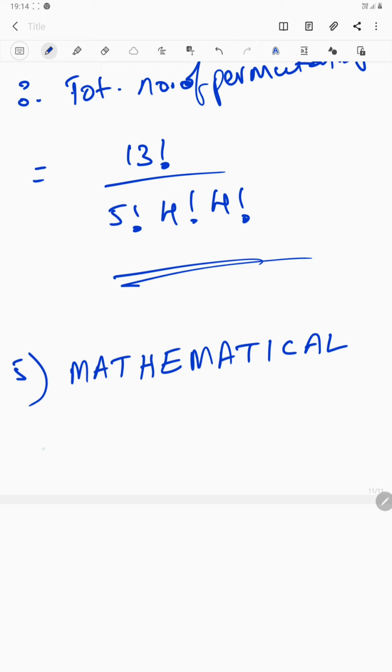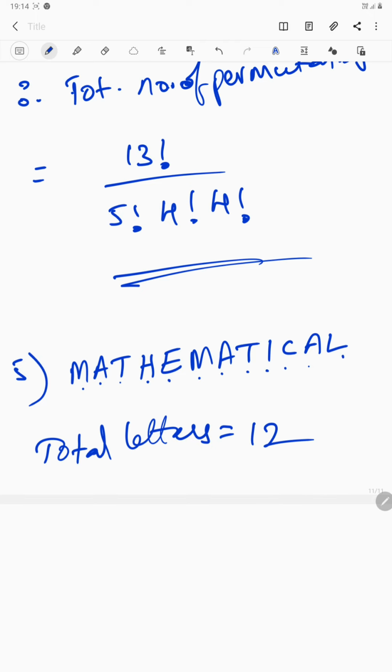Total number of letters is equal to 1, 2, 3, 4, 5, 6, 7, 8, 9, 10, 11, 12. Right? In which M repeated how many times? Yes. M's are 2. Right?